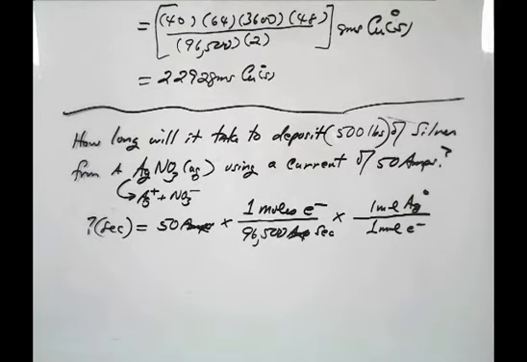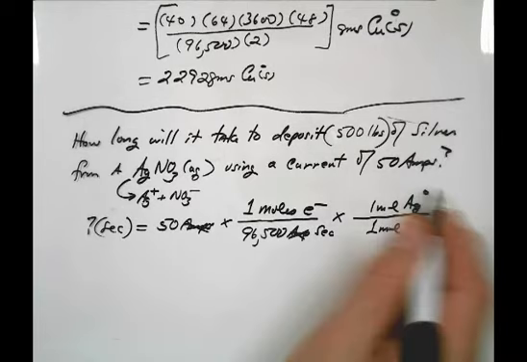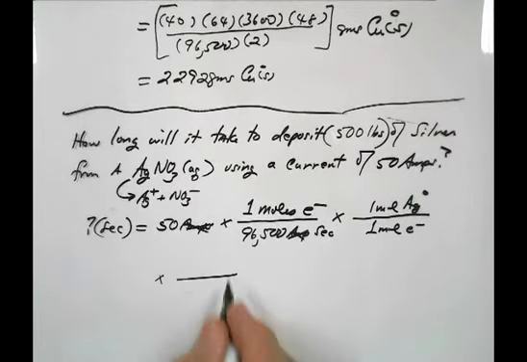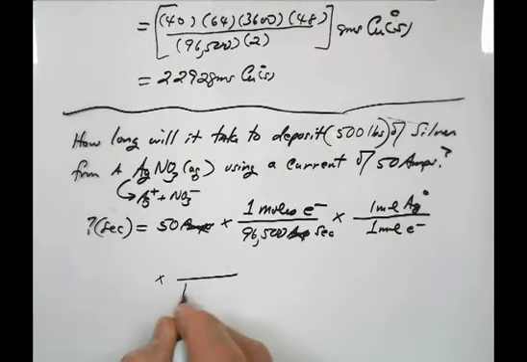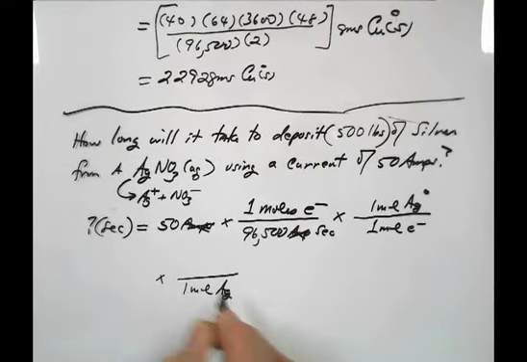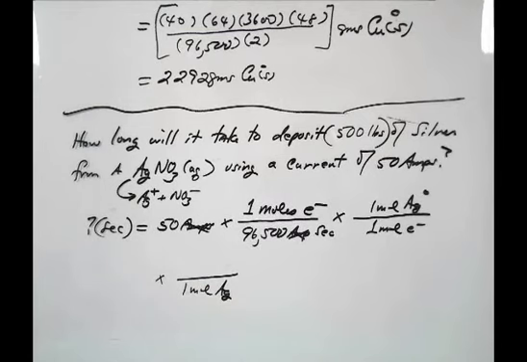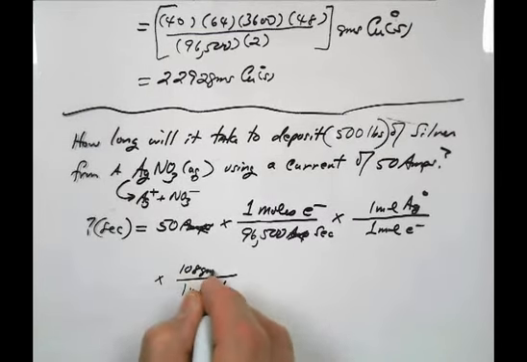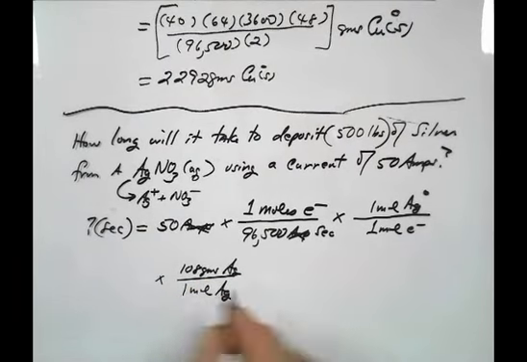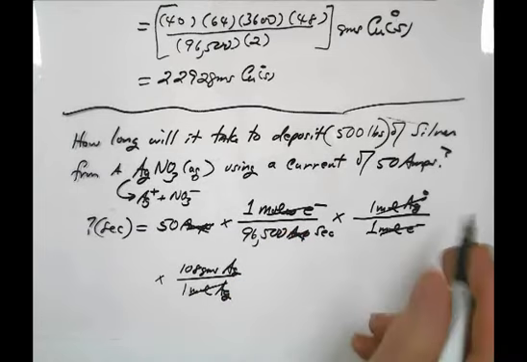Now, how much have I got to reduce? 500 pounds of the stuff. Well, typically this is not in terms of pounds, so I got 1 mole silver. It has a weight of 108 grams of silver. So my moles of silver are now taken care of. Moles of electrons are gone.